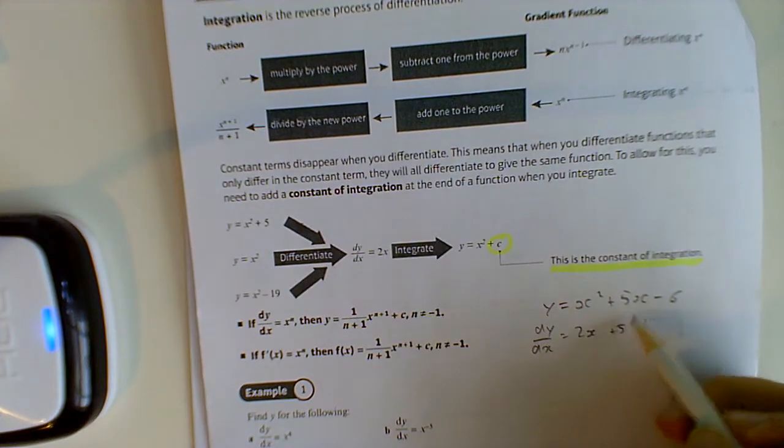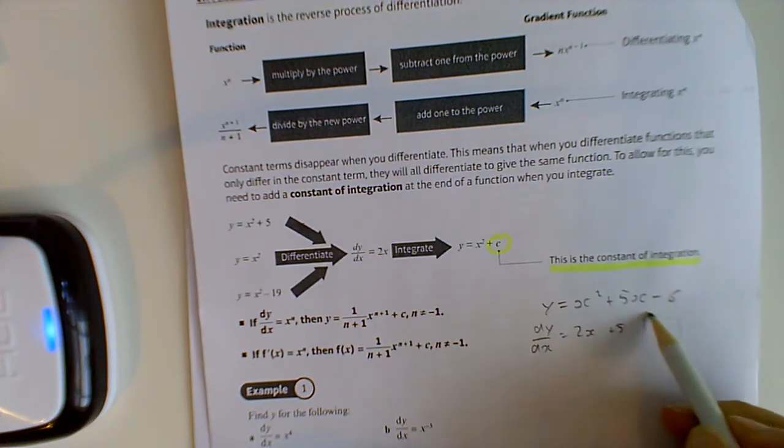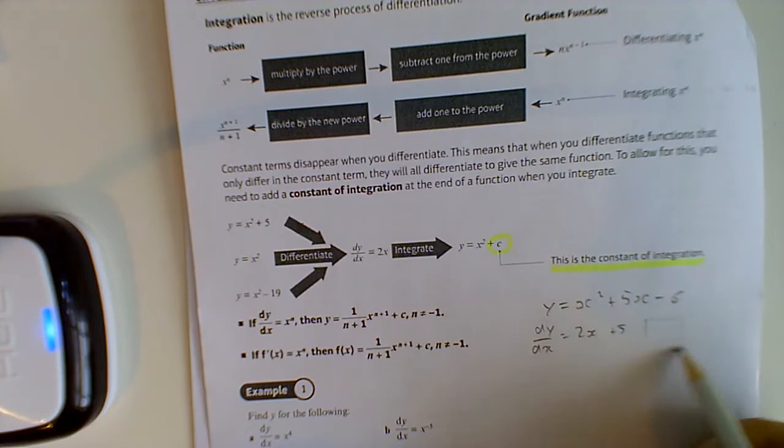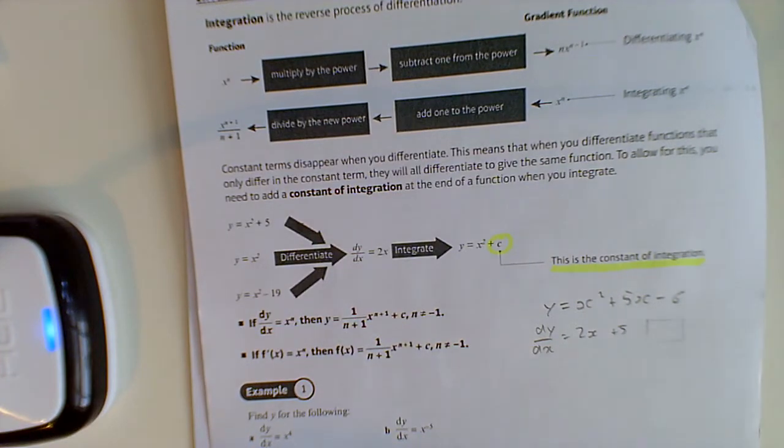Integrating 5 will give me 5x. But I don't know what number there was there. So whenever we integrate something, there might have been a constant that disappeared to give us the function. And that's why we put a plus c at the end.